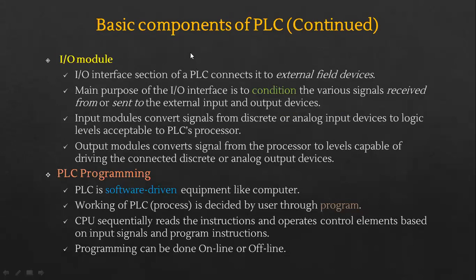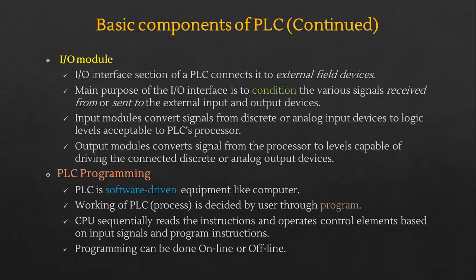So for the PLC to be connected, you require an interface, both at the input side and the output side. Its main purpose is to condition the various signals received from or sent to the external input and output devices respectively. The signals from the input device may not be in a form that is understood by the CPU of the PLC. That is what we mean by condition.